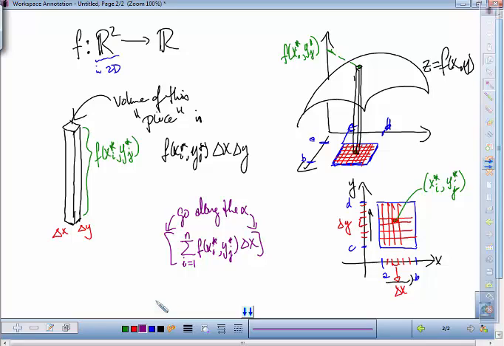And then we're going to add up along the y. This time your index is j, going from 1 to not necessarily n, although they could have the same amount of partitions, but it could be m, slightly different.